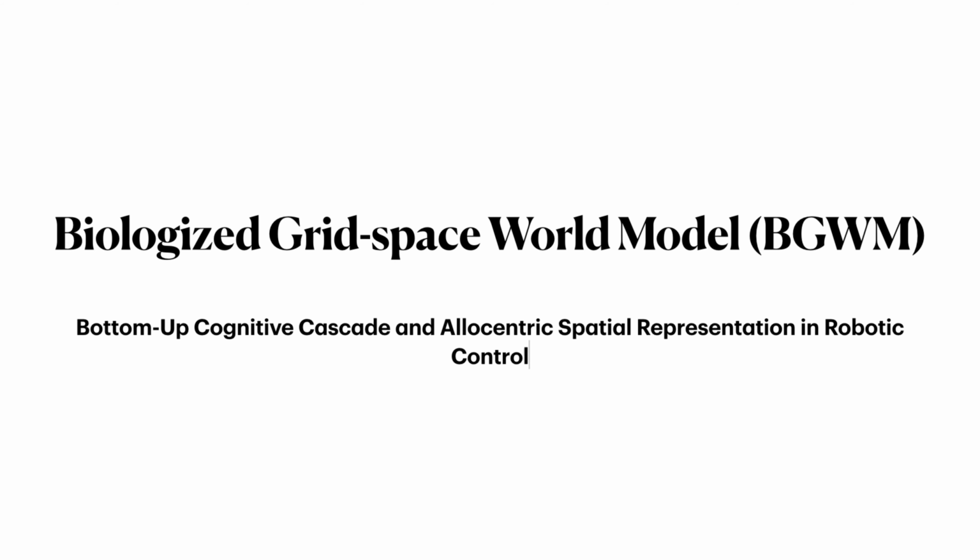In the following short video, I would like to briefly present, or rather propose as a question, my concept of a hierarchically built world model inspired by biological parallels and equipped with an allocentric spatial representation.